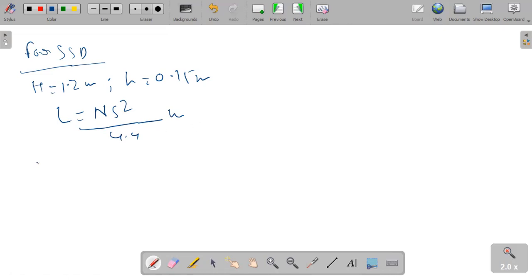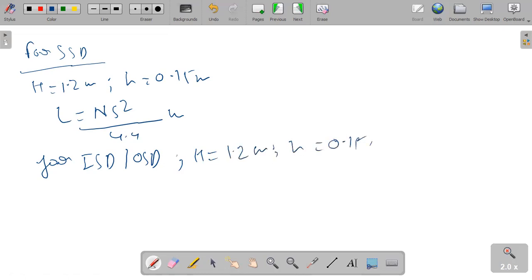And for ISD and OSD, with the same condition, H equal to 1.2 meter and small h equal to 0.15 meter, we'll get L is equal to nS square upon 9.6 meter. So this is all about when length of curve is greater than required sight distance.